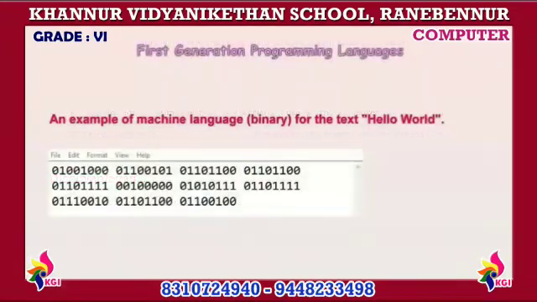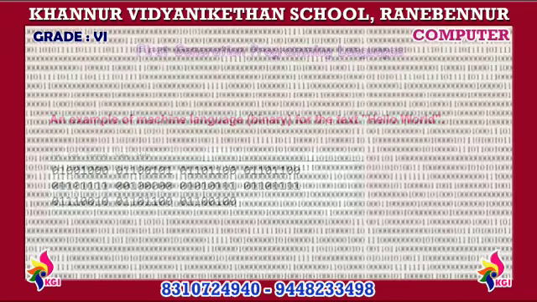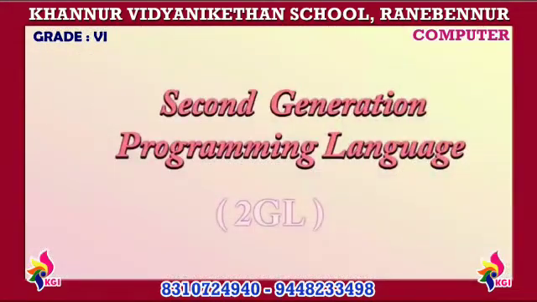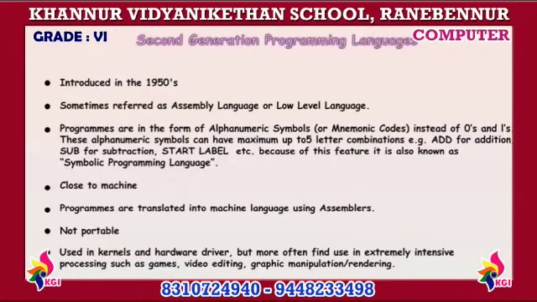First generation programming language examples are on the screen. For the text hello world, it will be represented like this in binary language, with the help of 1s and 0s. The second generation programming language was introduced in the 1950s and is sometimes referred to as assembly language or low level language.